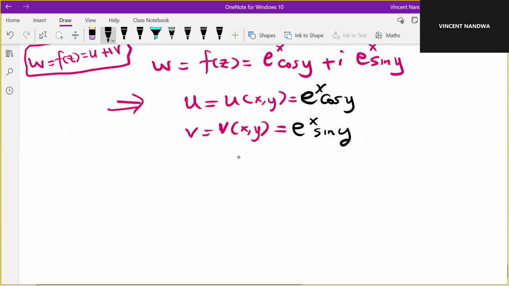So then now, let's get partial u, partial x. What do you get in this case? So it's just now a question of differentiation, nothing else.